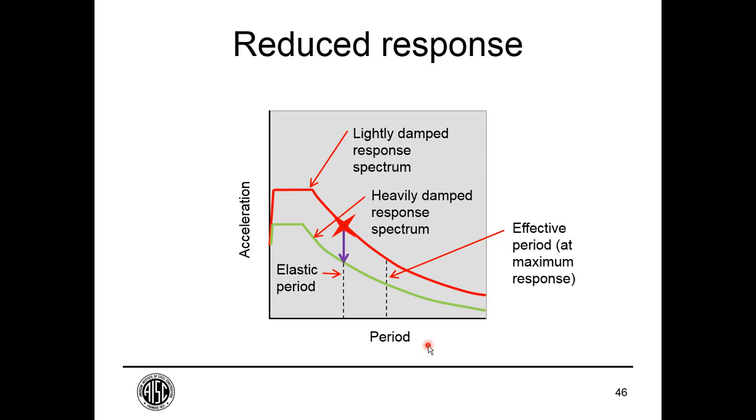As it yields, the damping increases and the period elongates, and our response is actually here. So we may be designing, looking at a force up here, but implicitly by accepting structural damage, we're going to a longer period and correspondingly longer drift, and developing lower forces within that structure.